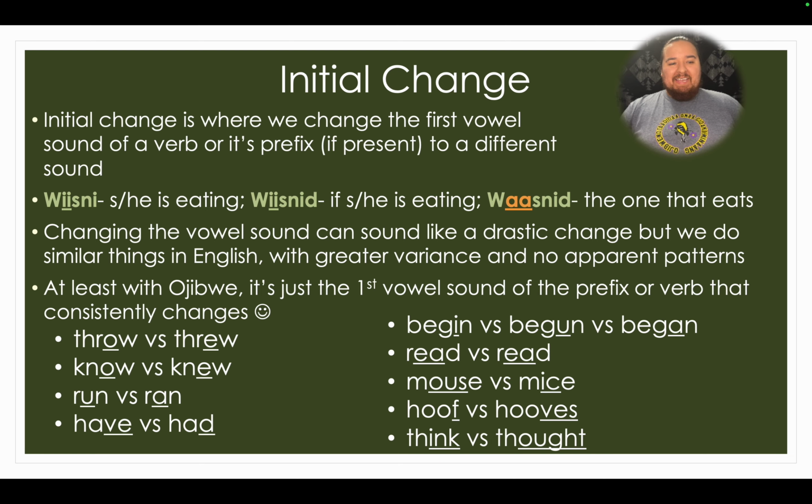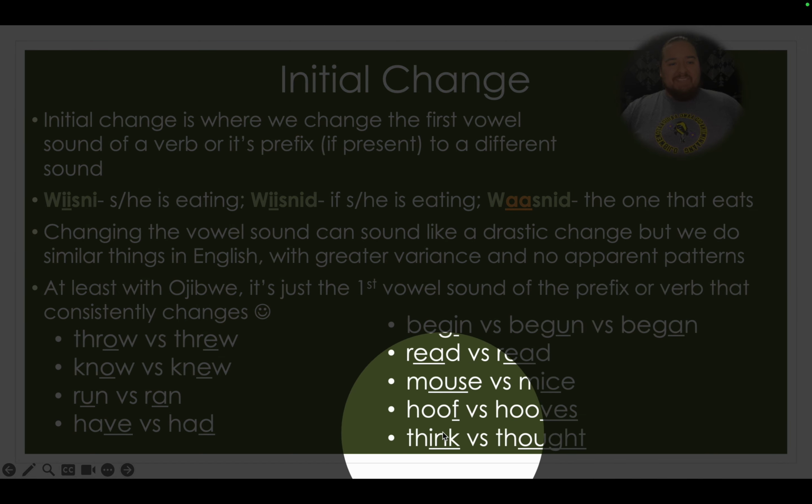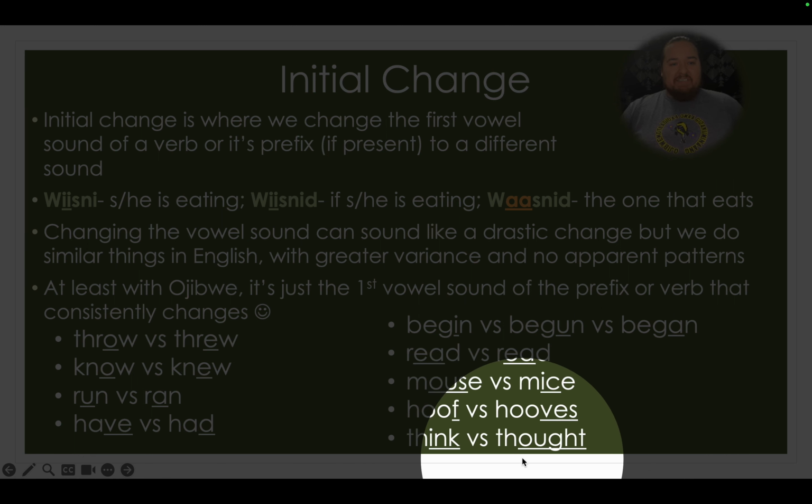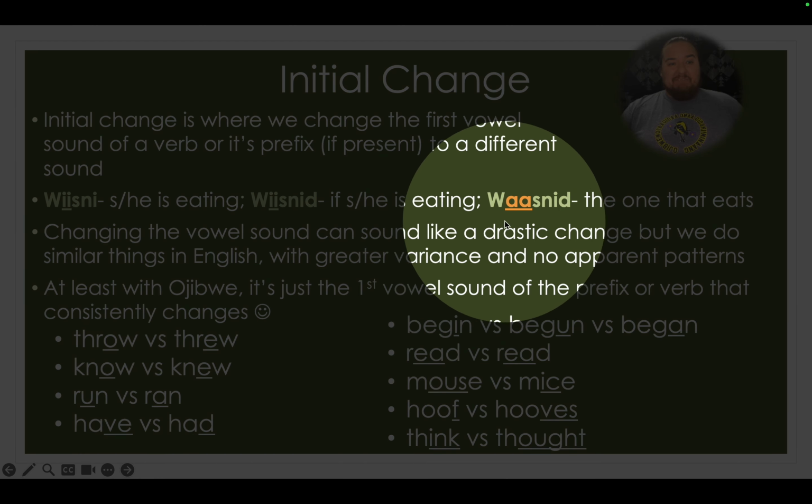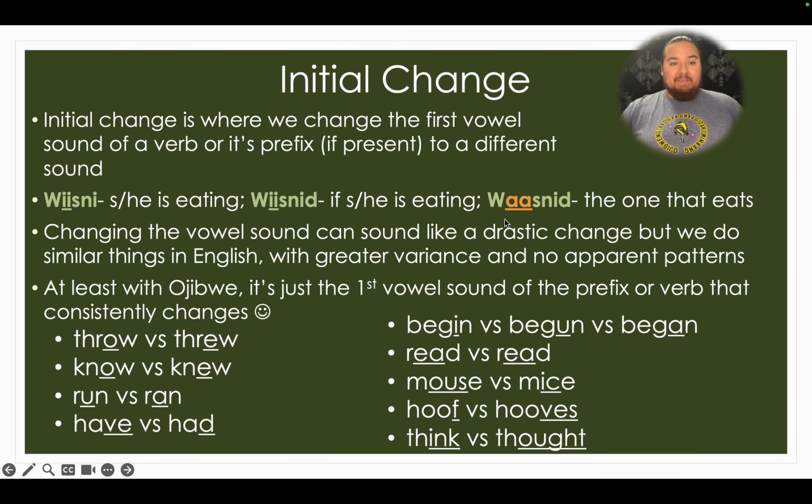Both these words are related, but the only common sound they have is the TH at the beginning. Think, the action, versus thought, the noun. And so English has a greater variance in initial change than Ojibwe does. In Ojibwe, we're just changing that first vowel sound in the verb or the prefix if present. So if you can speak in English, you can do initial change in Ojibwe, no problem.